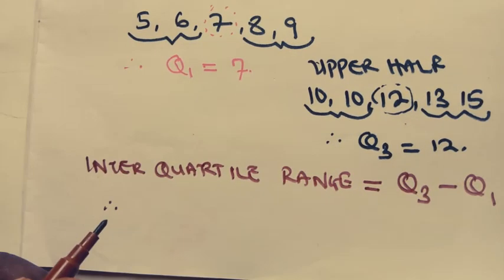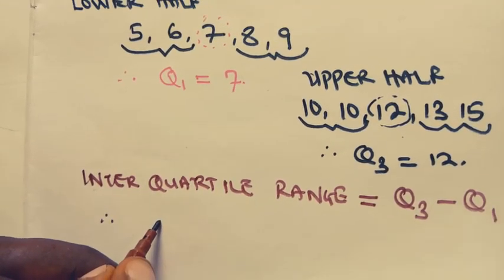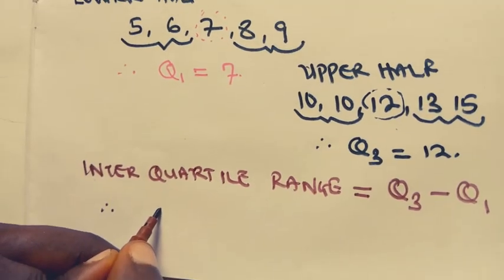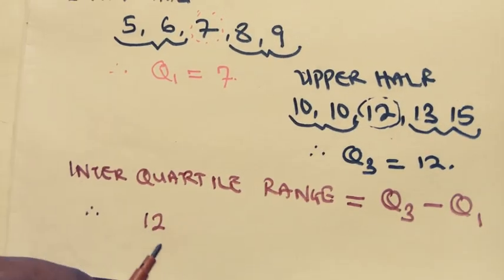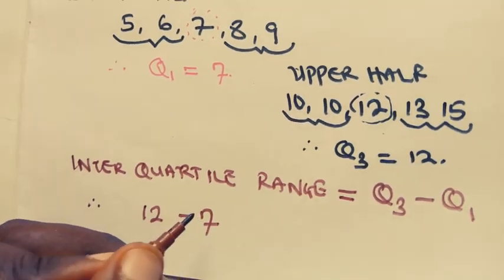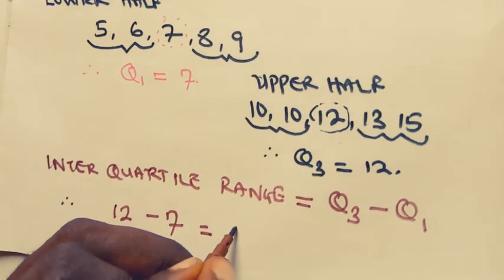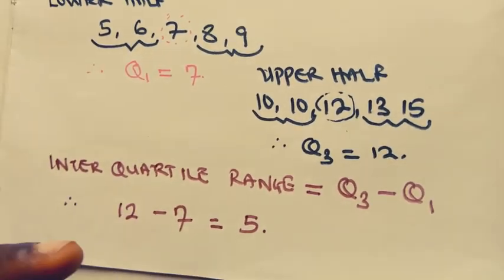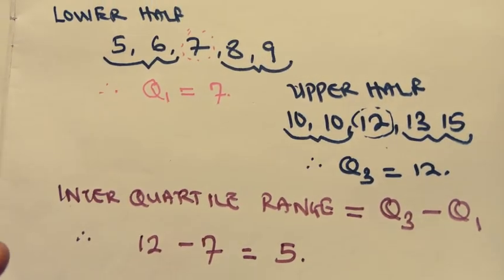Therefore, for this data set, our interquartile range is equal to Q3, which is 12, minus 7, which is equal to 5. That is the first approach.